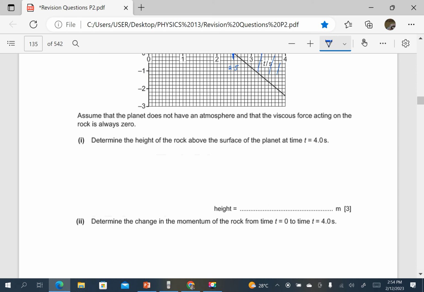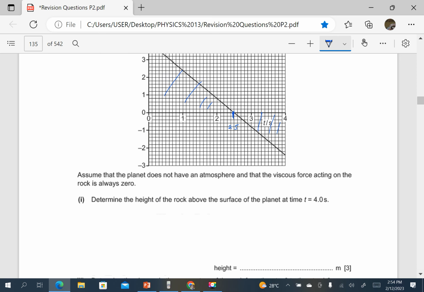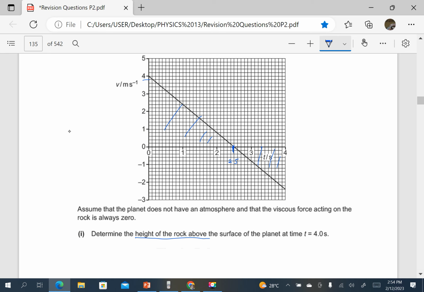So distance is going to be the area under the graph. We are just going to get the difference because we want the height of the rock above the surface of the planet. It goes to maximum height and comes back. But we see that the area here is smaller than the area there, so it does not reach the planet. It stops somewhere there.